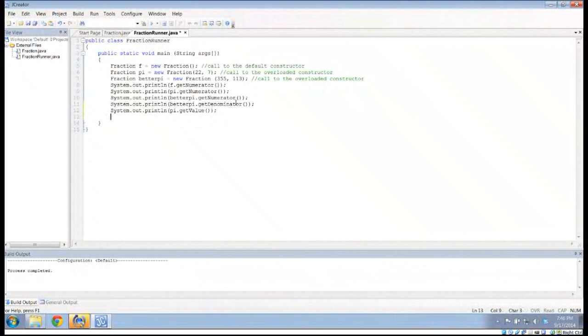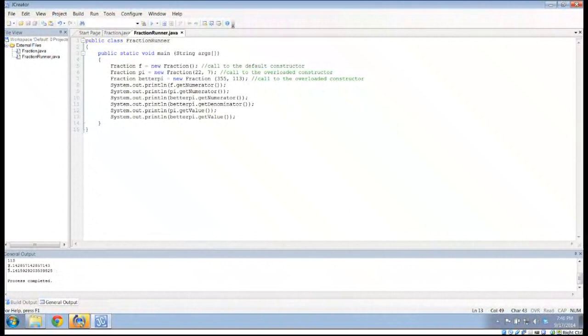And I want to do the same thing with better pi. And I talked about how pi and better pi, these are both approximations of pi, and notice here's my pi.